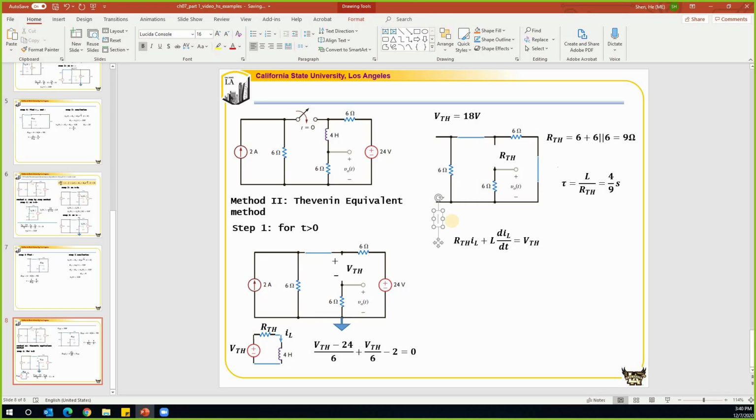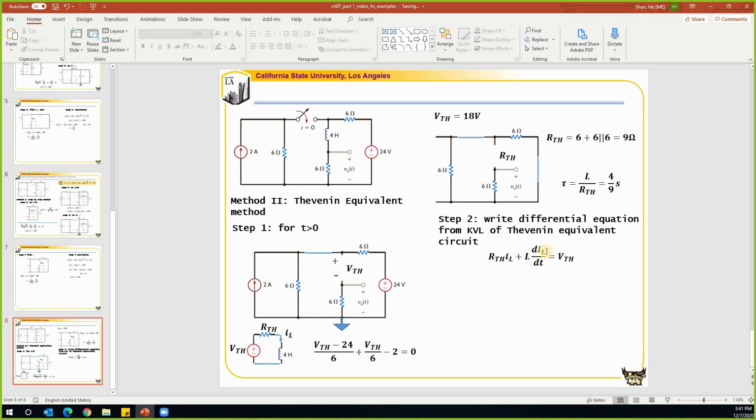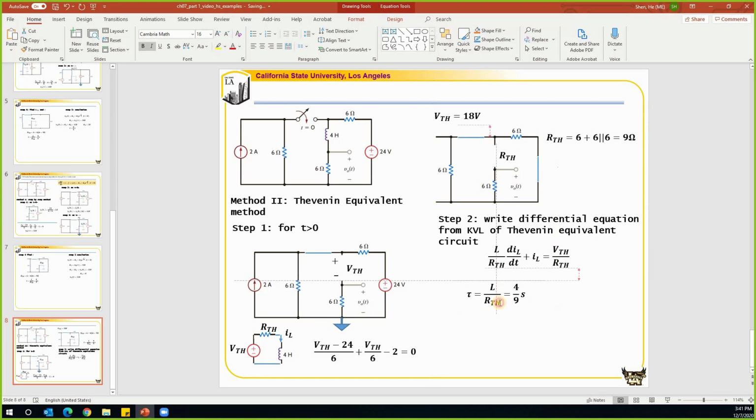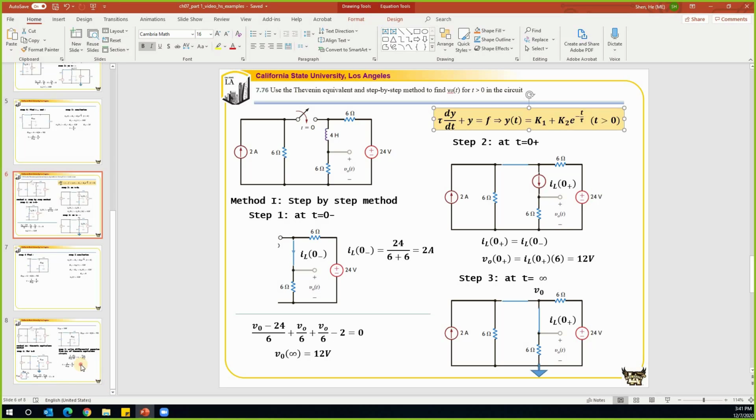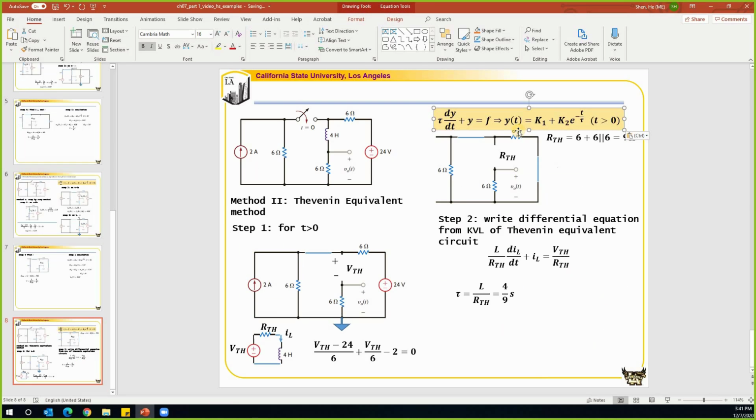So I'm going to call this step 2. Write differential equation from KVL of a Thevenin equivalent circuit. Now we can put this into a standard form. So this is a standard form. And we already know that tau is equal to L over RTH, right? This is our tau. By comparing this to the standard equation, let me copy this over so that you can better see that.